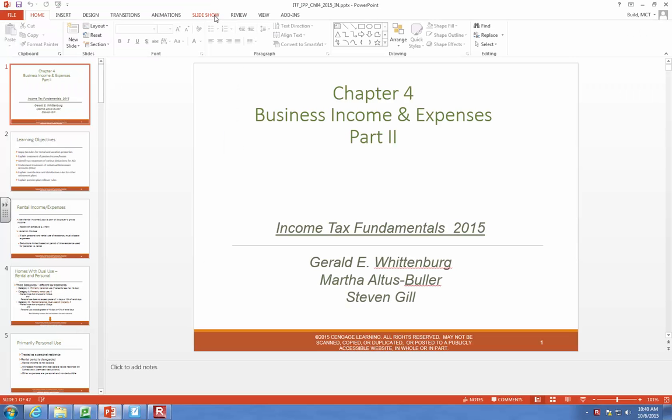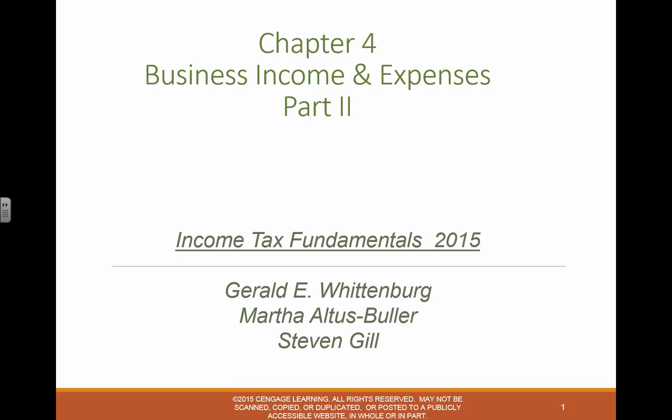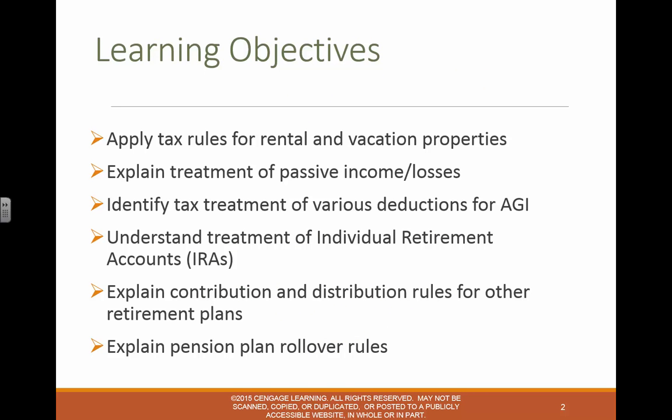So chapter 4, we're moving on. We started with business expenses, income and expenses last chapter, and this is a continuation. Basically, we're going to start looking at rentals. What schedule do rentals go on again? Schedule E. We're going to look at something called passive income and losses.